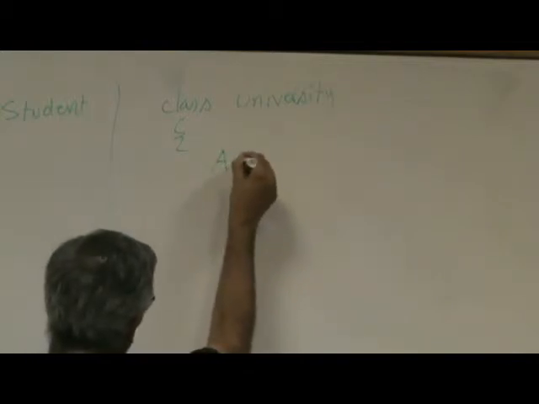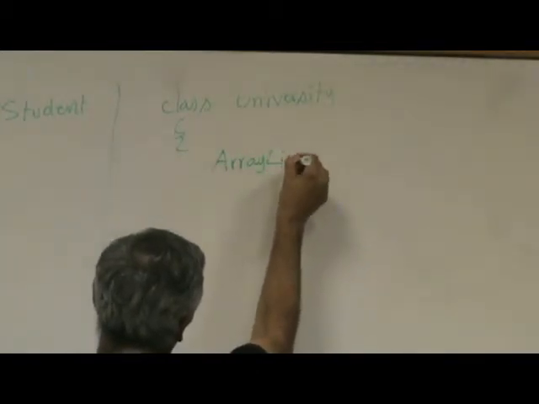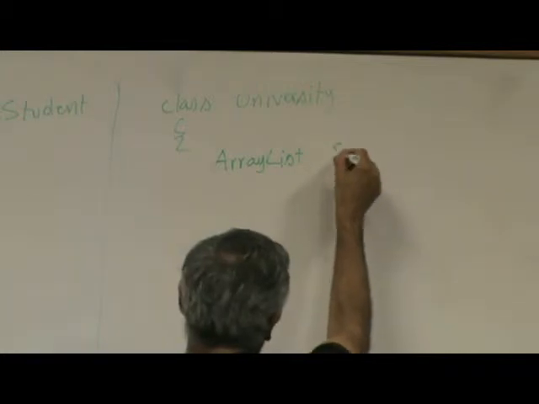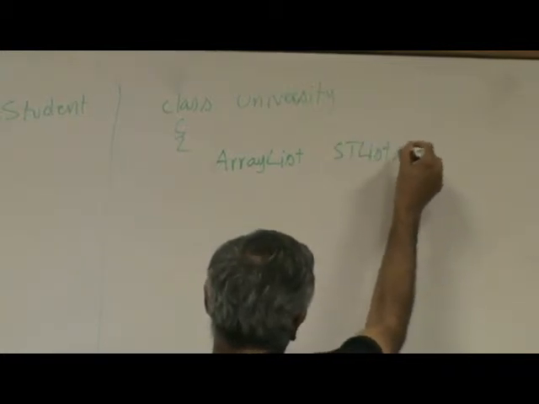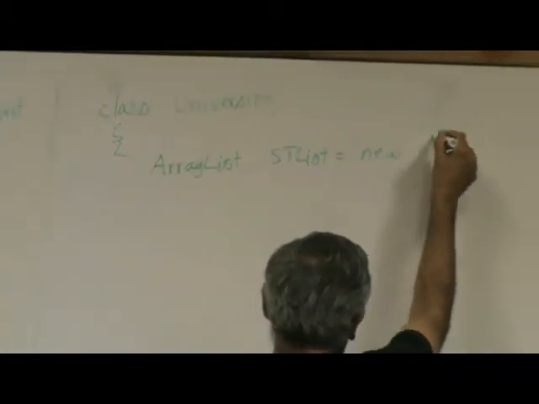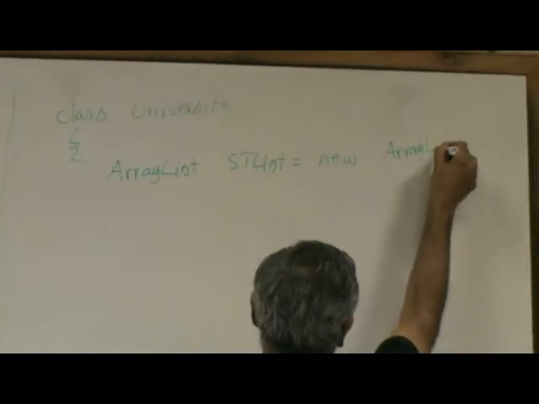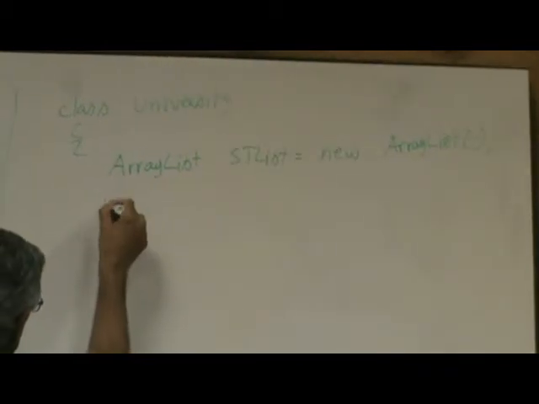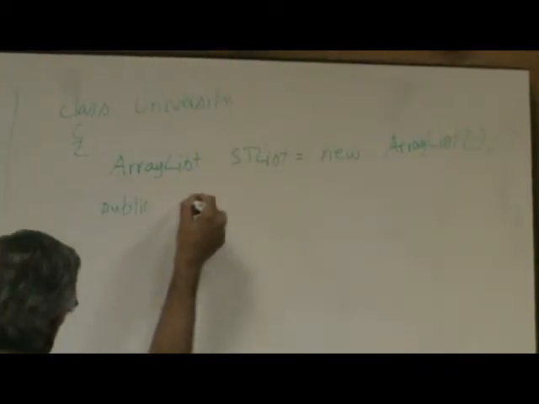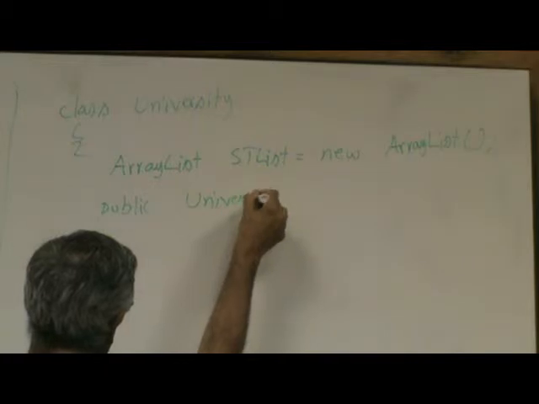So one of the data fields over here will be an ArrayList, let's call it stList, equal to new ArrayList. And suppose we provide a constructor, public University.